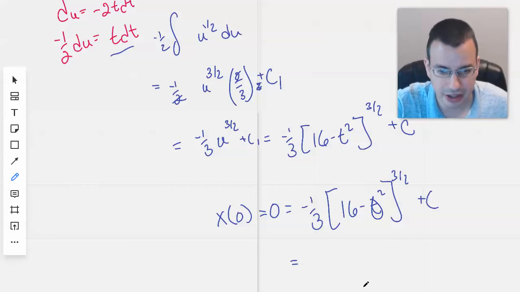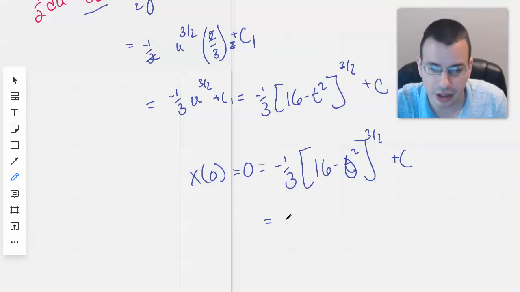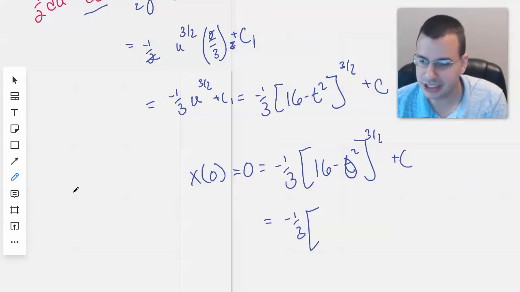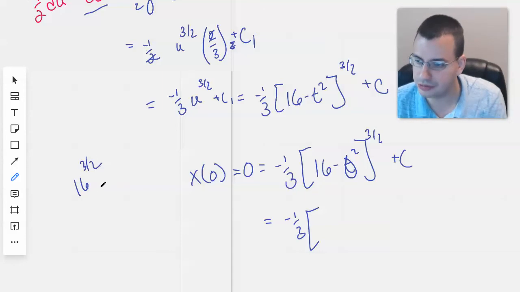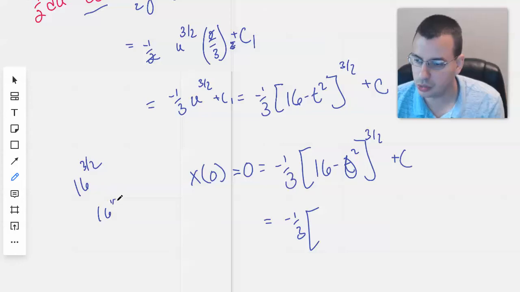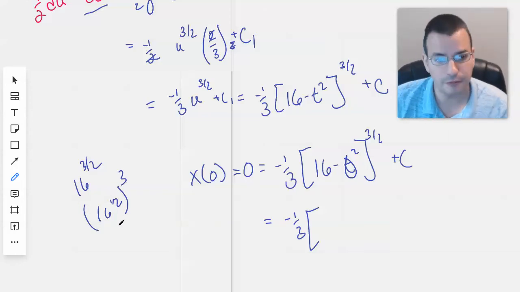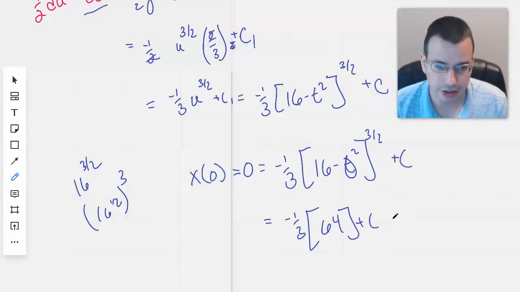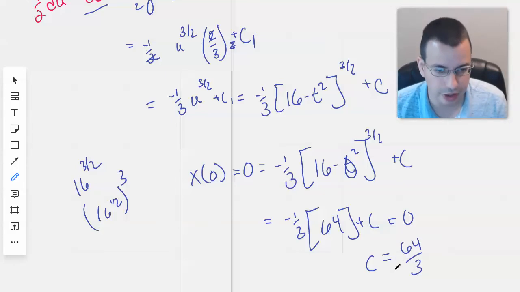So simplifying, we have negative 1/3. To find 16 to the 3/2, I'm going to look at this as 16 to the 1/2 cubed. 16 to the 1/2 is 4, and 4 cubed is 64. So we have negative 64/3 plus c equals 0. c equals 64 over 3.